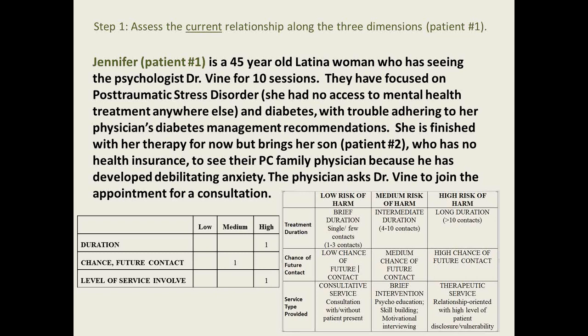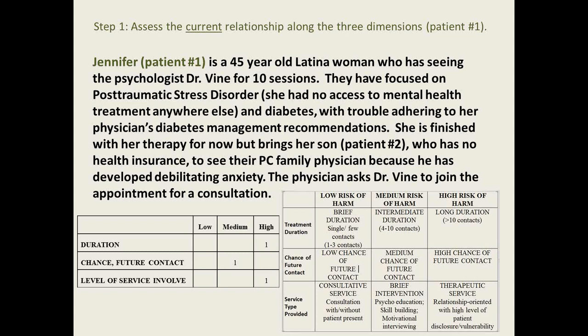So with chance of future contact, she's finished her treatment for now, so the likelihood of seeing her soon for continued treatment is not necessarily real high, but she's someone who comes to this clinic, so at very least there's a medium likelihood of future contact, and that may be even kind of medium moving toward the high end. She might even need a tune-up, so she may circle back around to touch base with Dr. Vine again when she has some kind of trigger from her trauma, for example.